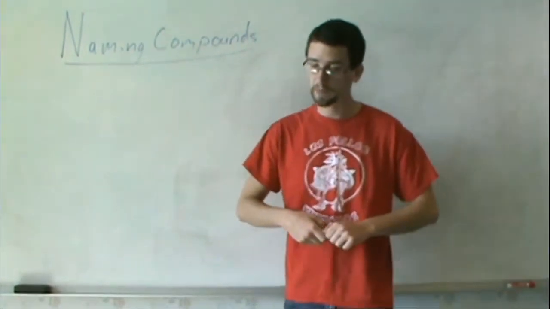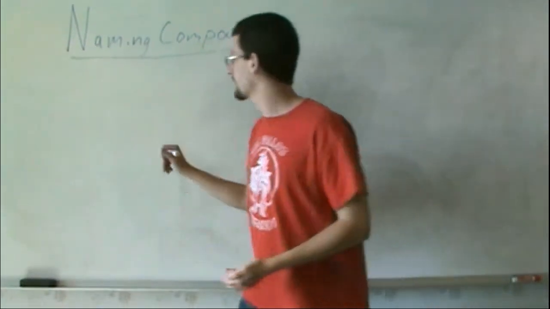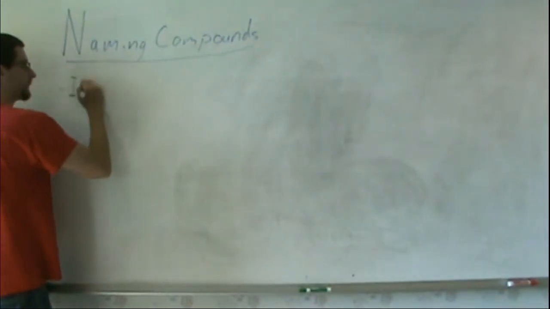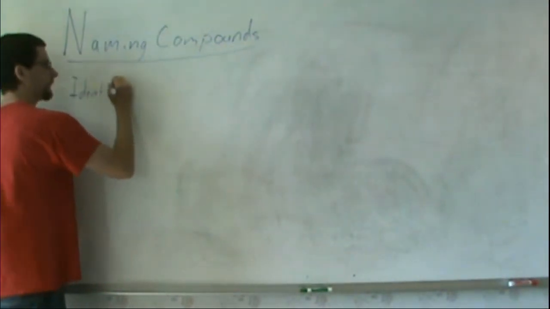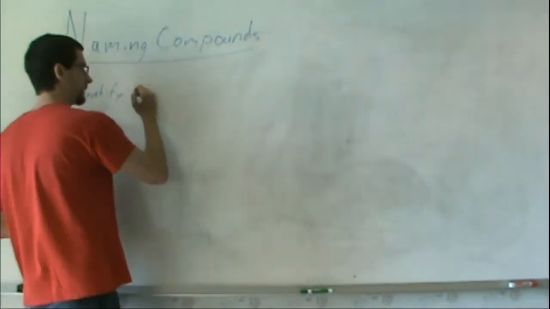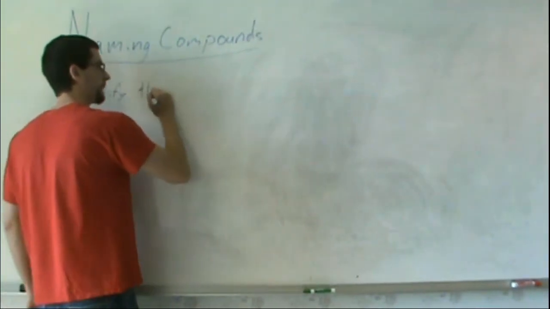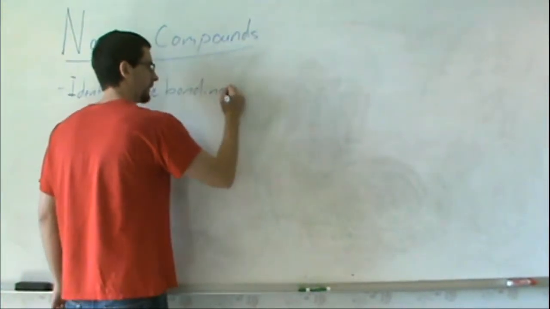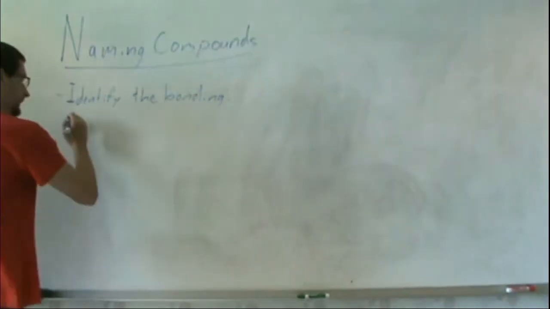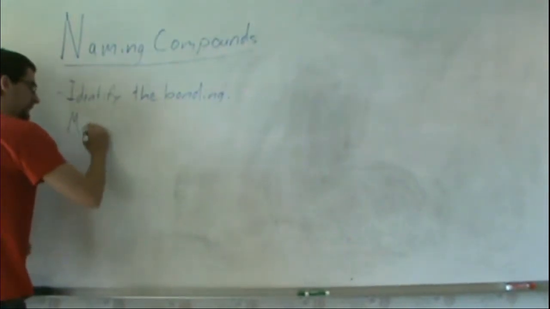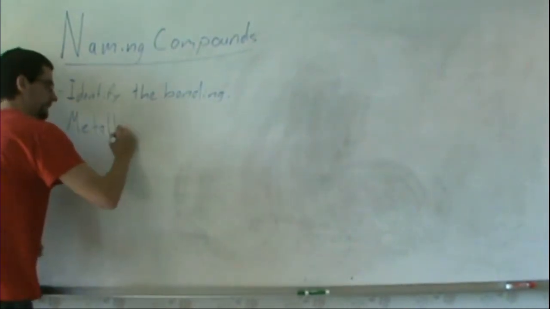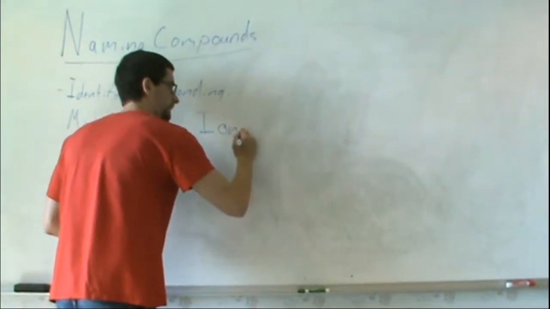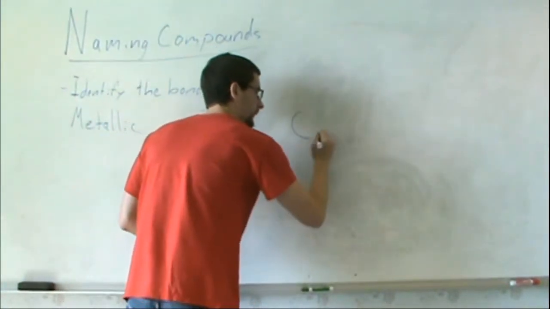So the first thing you have to do is identify the type of bonding that's occurring in these systems. There are three types of bonding. There's metallic, ionic, and covalent.